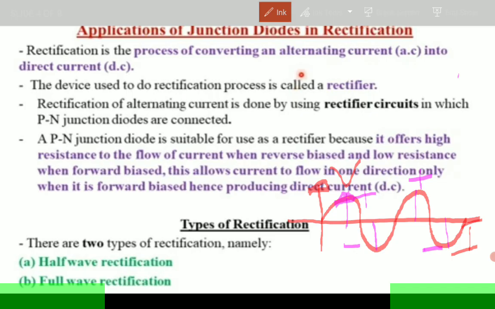Such current is called the alternating current. All right, so a diode is capable of changing this behavior of current so that it flows only in one direction.